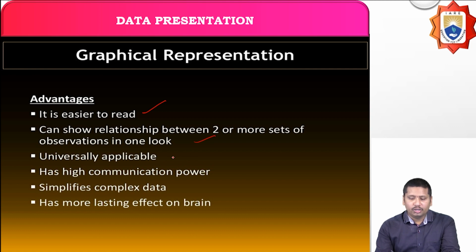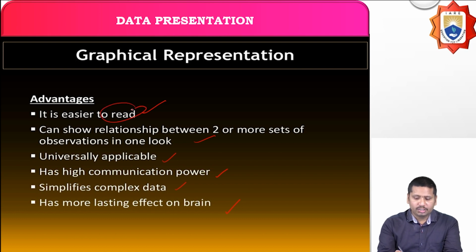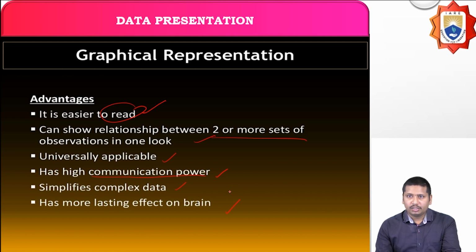It is universally applicable, has high communication power, simplifies complex data, and has a more lasting effect on the brain. And these are some of the graphical representations of data.